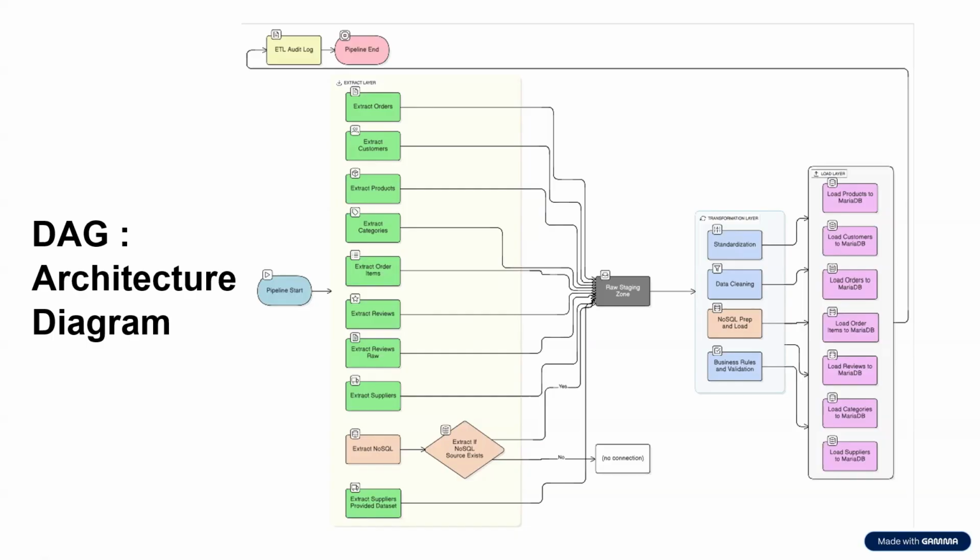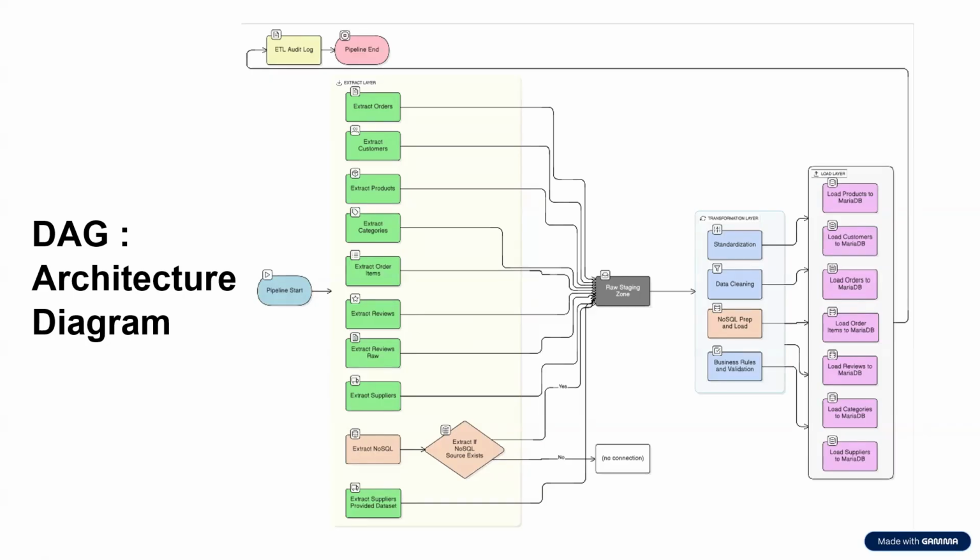So this is my architecture diagram or DAG workflow. It starts with extracting the data for all the tables, and then it goes to the staging table, and after that from the staging table it gets transformed.